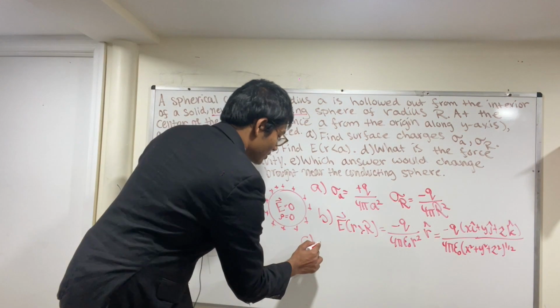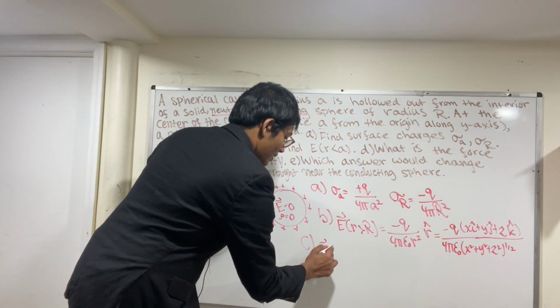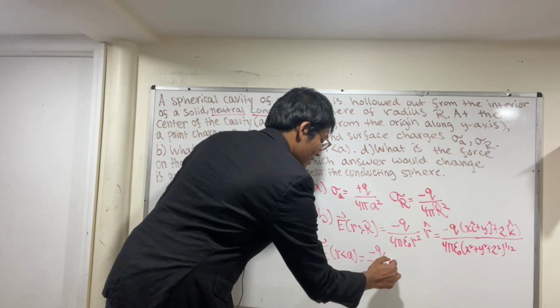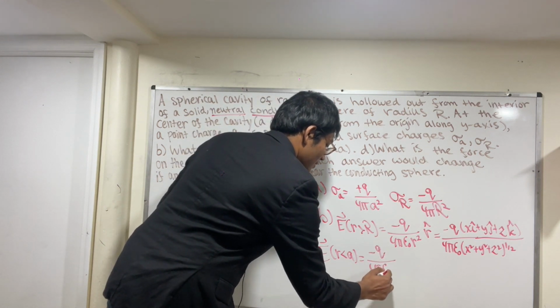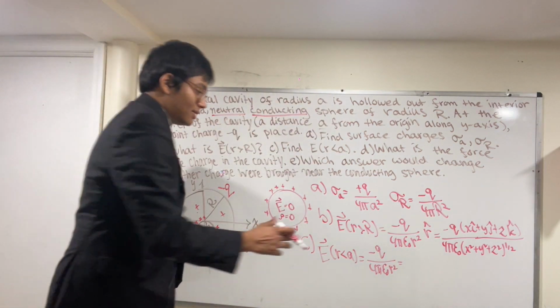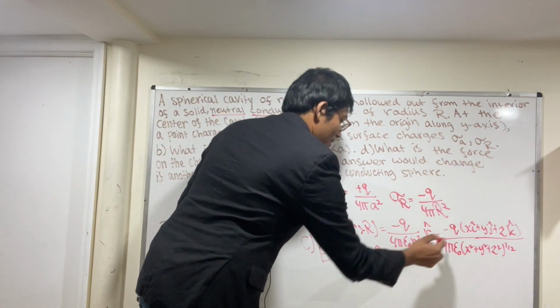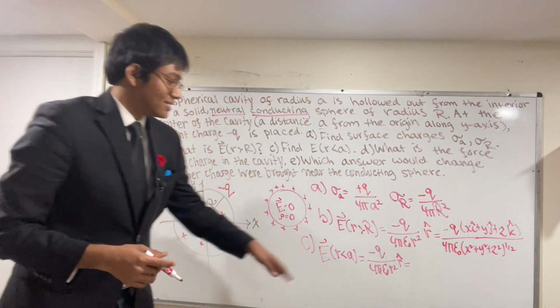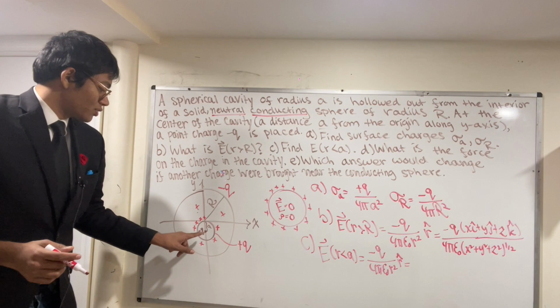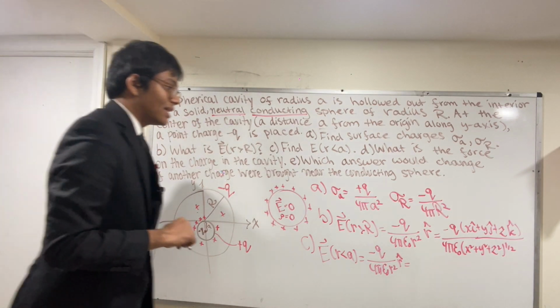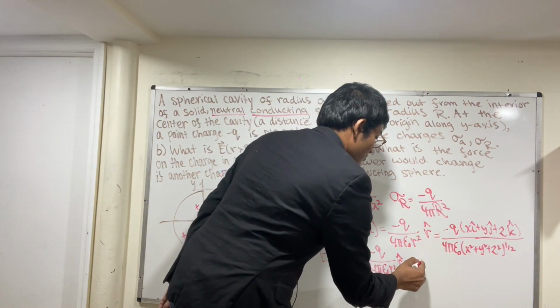Now let's write down the electric field inside the cavity, which is going to be the exact same as that outside the entire conductor. Of course, if I write it out in terms of vector notation, it's going to look slightly different, because now, where's our source charge originating from? It's originating from somewhere that's not the origin. So that's how I'm going to write it. I'm going to write minus q.